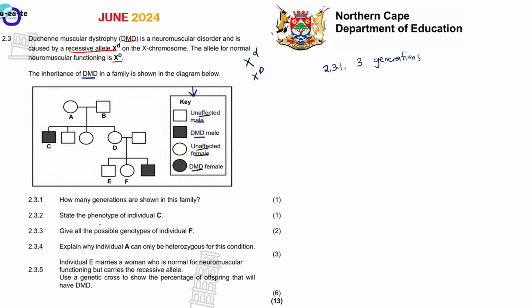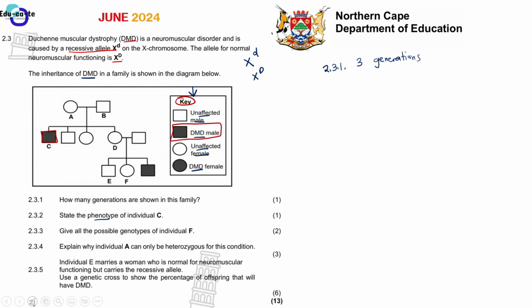And then now, state the phenotype of individual C. If you look, individual C is shaded. Remember, the phenotype is the physical characteristic. You can just extract this from the key itself, because the key says that when the square is shaded, then it's a male that has got DMD. That is the phenotype, because the phenotype is the condition, the physical state represented by this individual.